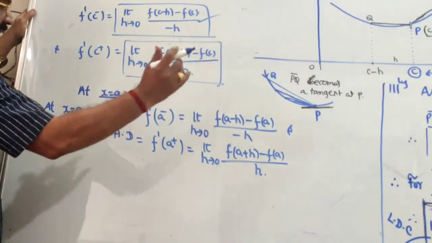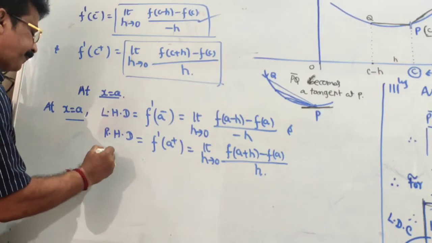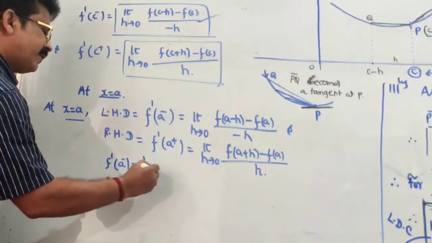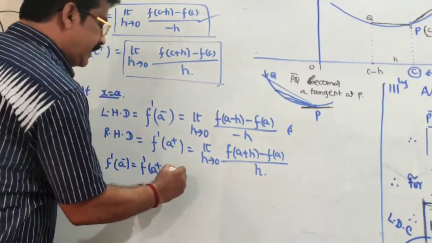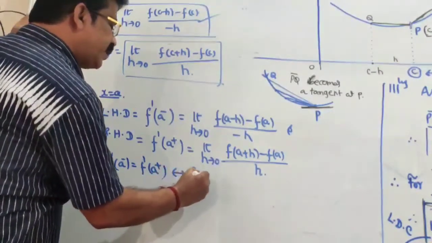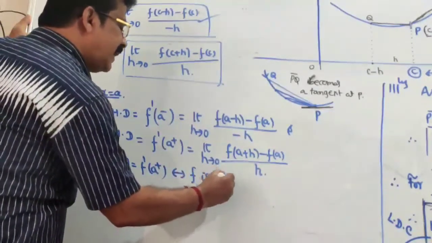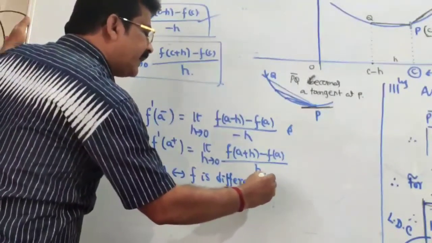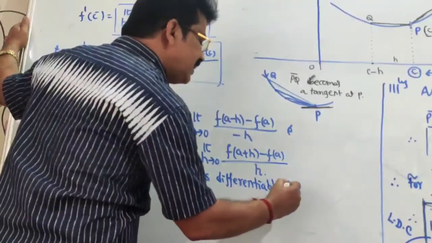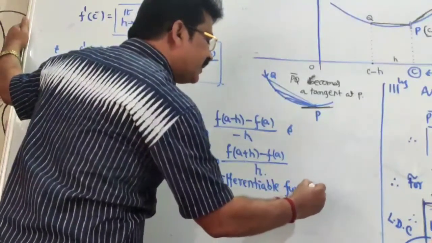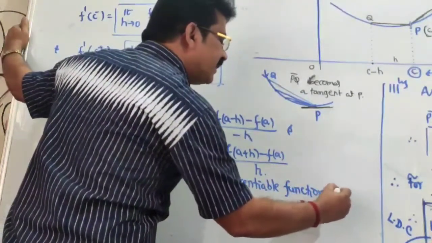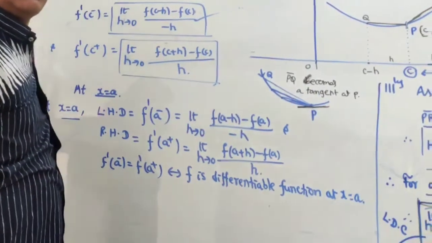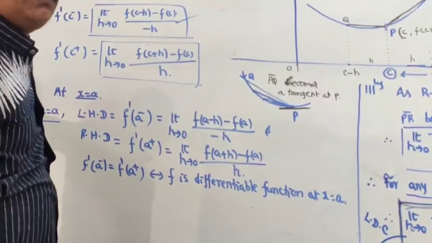Of course, as I already said, if f dash of a minus equals f dash of a plus, then f is said to be a differentiable function at x equals a. Otherwise, it is called a non-differentiable function.